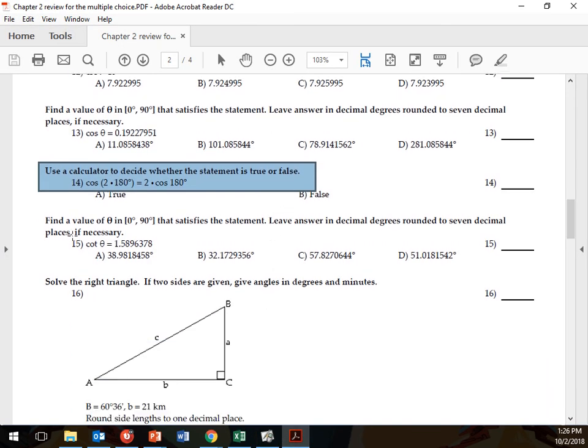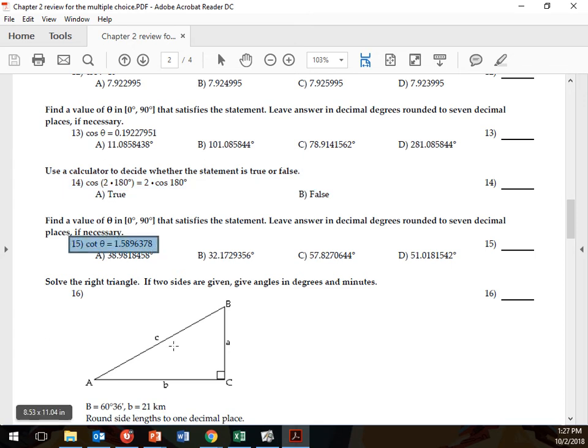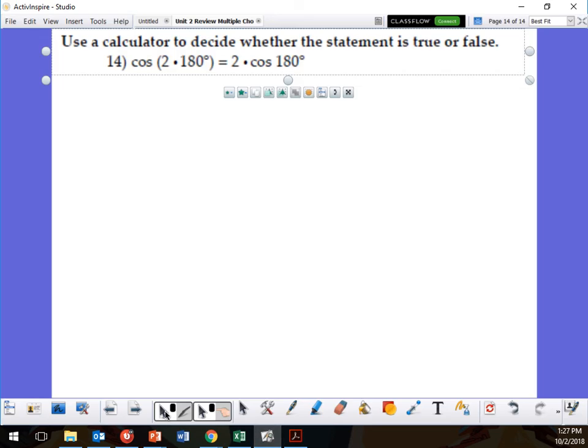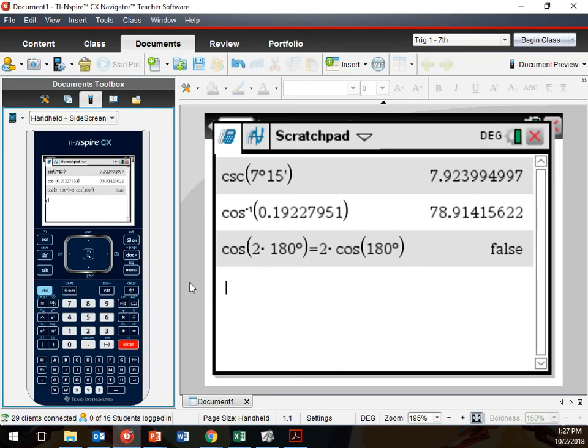It's the same thing as the other one, but the 15. Next one. So on this one right here, what am I trying to find? The angle, right? So trying to find the angle. So I'm going to do the inverse of cotangent. 1.589. Let's go with this.